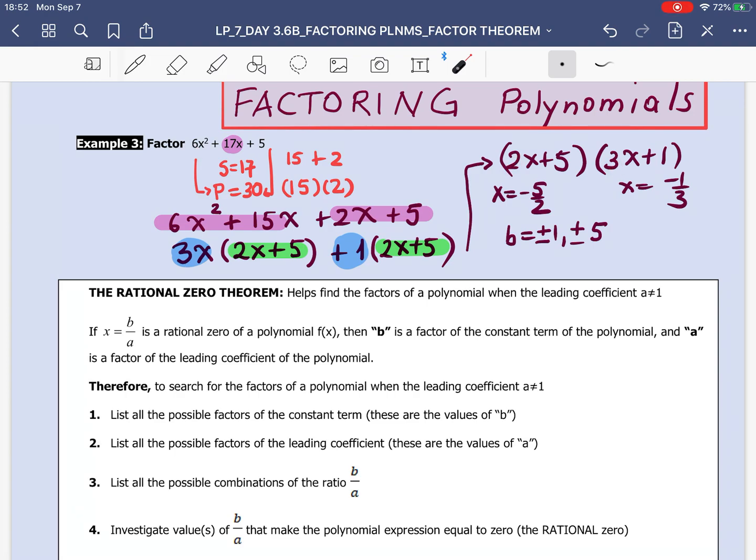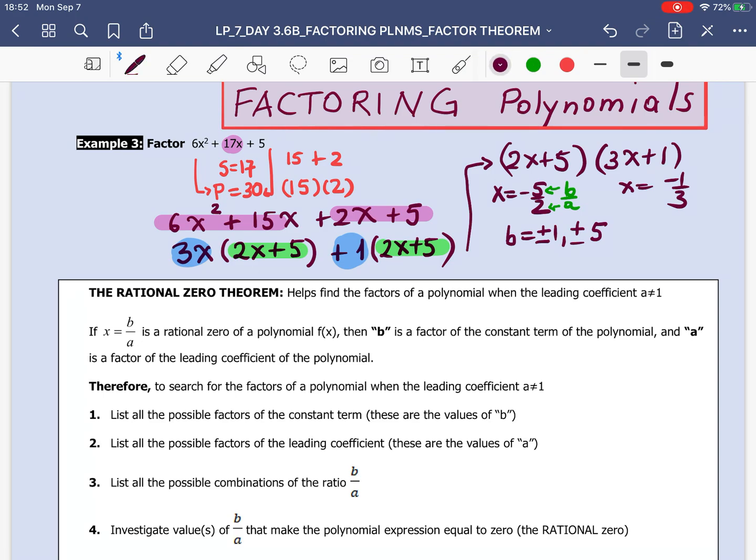And it only makes sense to say that the values of these numbers, 2 and 3, must be factors of the leading coefficient. So we are going to say, in other words, that if this is in the form b over a, then b must be a factor of the constant term, whereas a must be a factor of the leading coefficient.